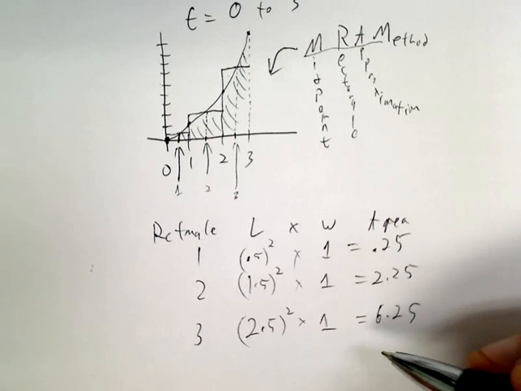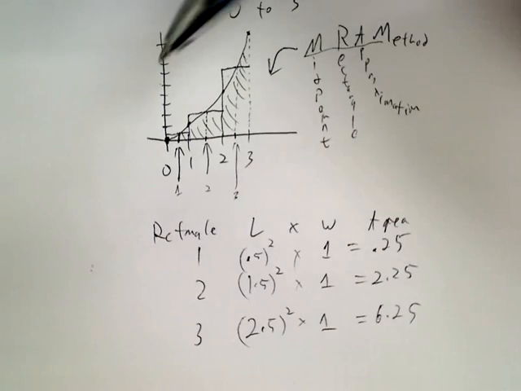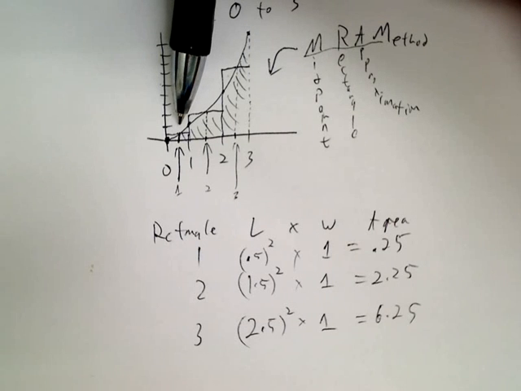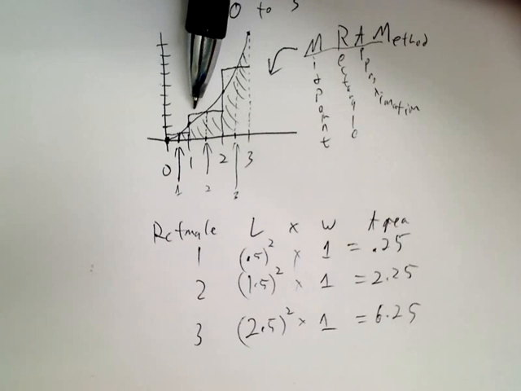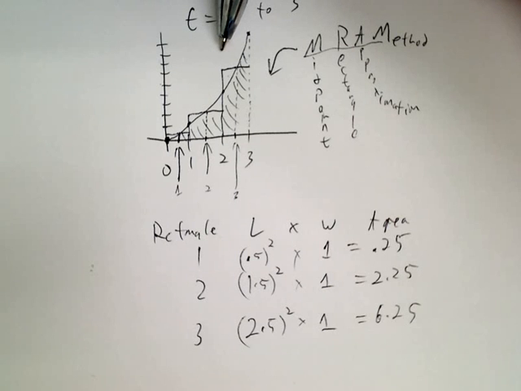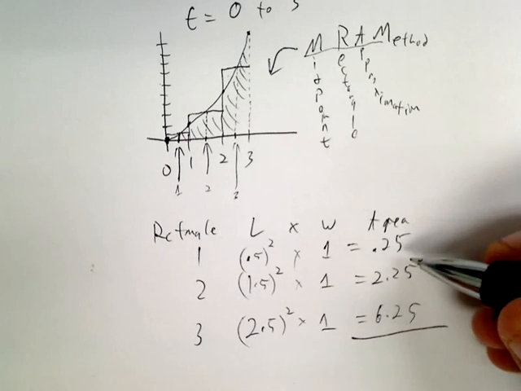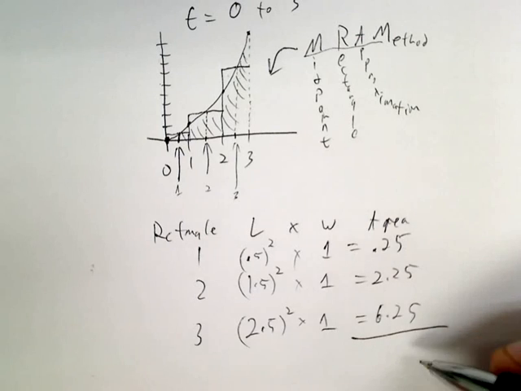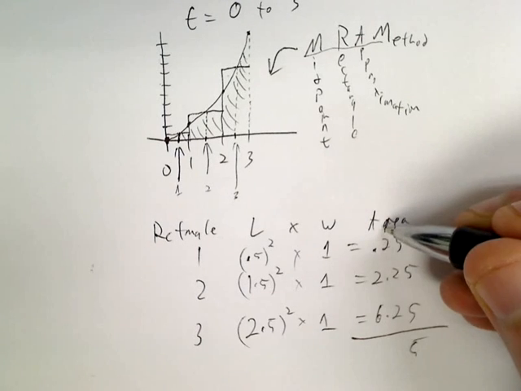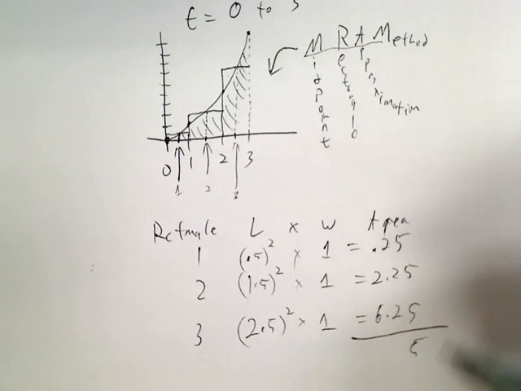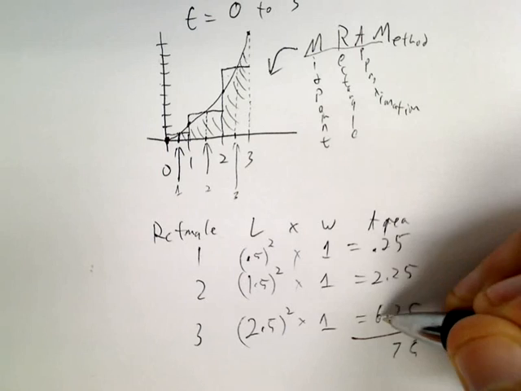So let's add these up, right? The area of this first rectangle here is 0.25. The area of this rectangle is 2.25, and the area of this rectangle is 6.25. Let's add up these three areas, and that will give me an approximation of how far this particle traveled. Let me see. 15, 1, 2, 3, 4, 5, 6, 7, and 6, 7, 8.